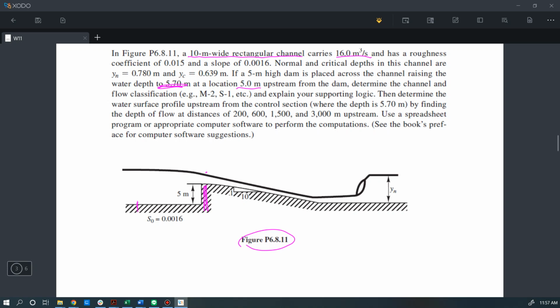So let's say we have a 5 meter distance here, and we try to raise the water to 5.7 meter at this location.